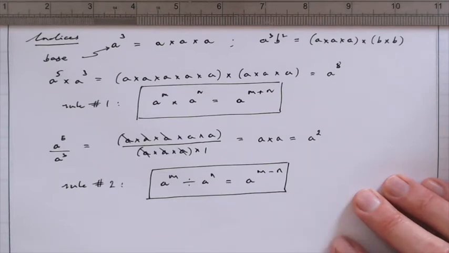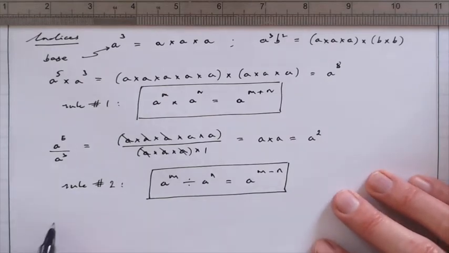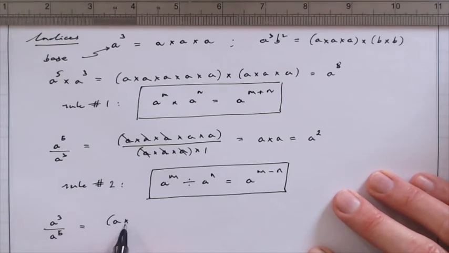Now, let us do one more rule here for this section, and then we'll do the last 3 parts in the second tutorial. So let's instead consider a cubed over a to the 5. Well, I have 3 lots of a on top, and I have now 5 lots of a on the bottom.